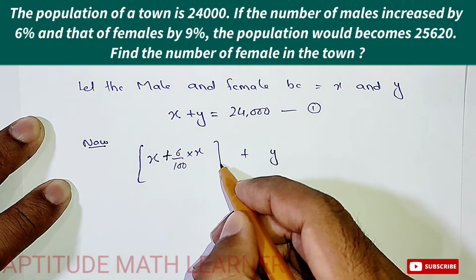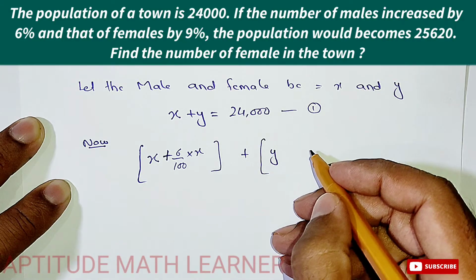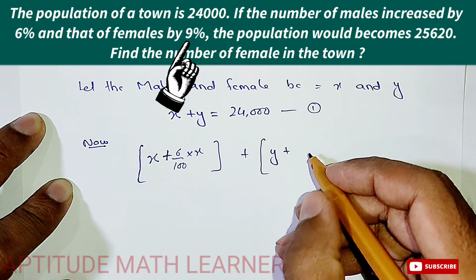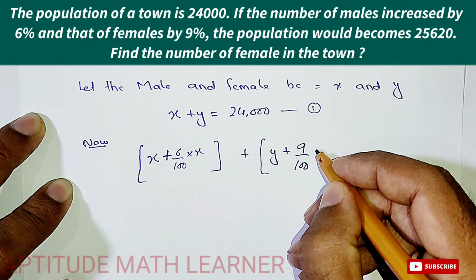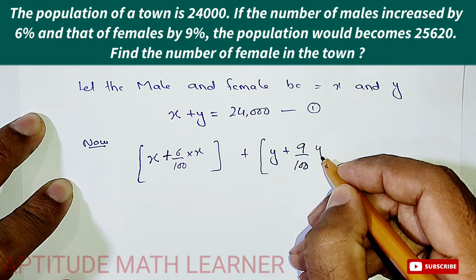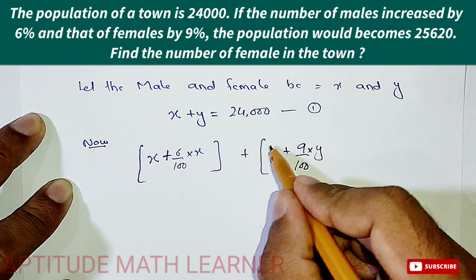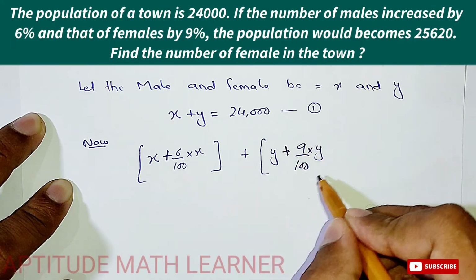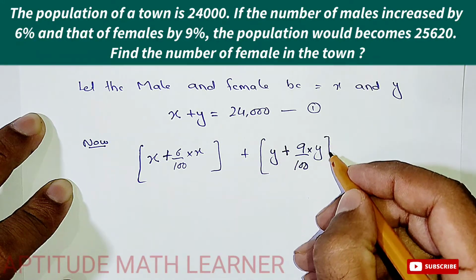So this is for the male plus, and for the female the population is increased by 9%. 9% of what? 9% of the female population, which we multiply and add.